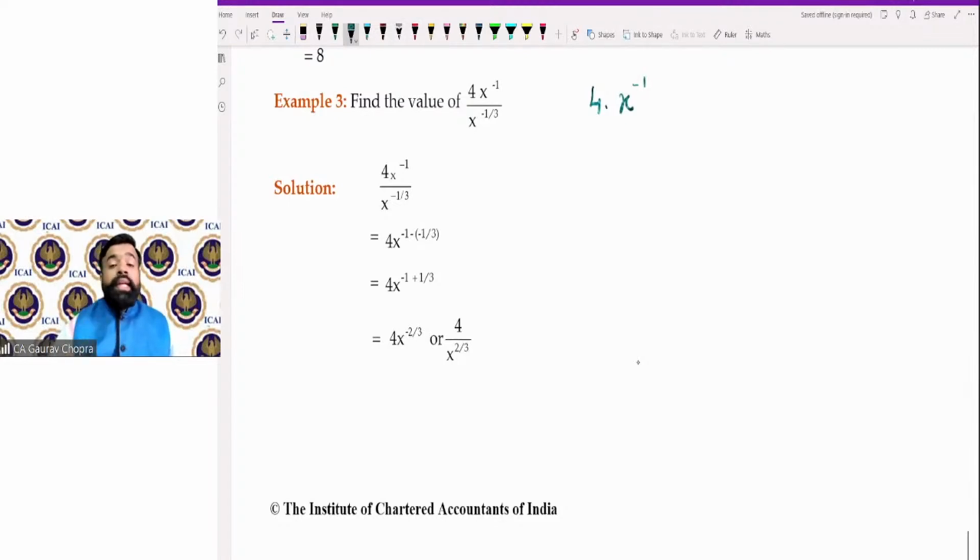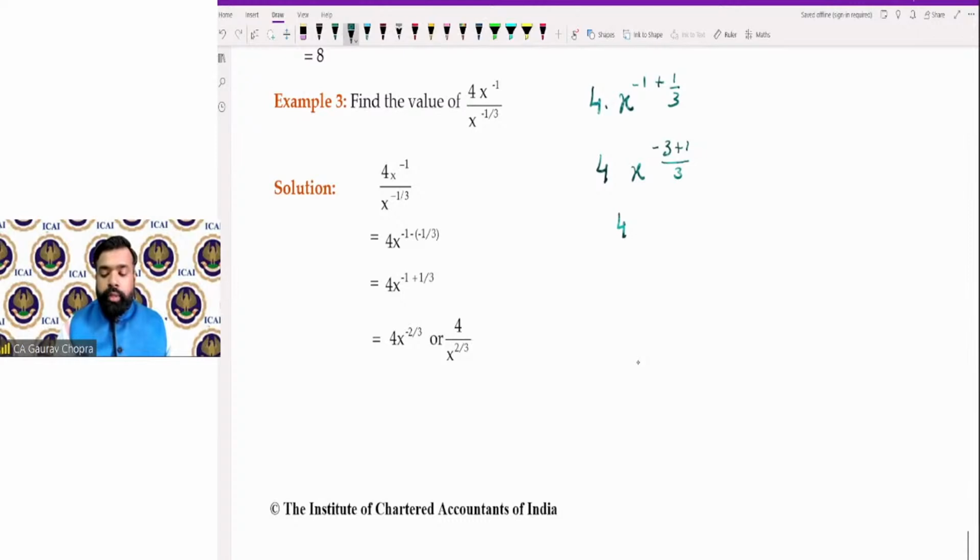Now, the denominator is having power minus 1 by 3. It will come in numerator and sign will get changed. So, plus 1 by 3. Now, you can take the LCM and simplify. So, x to the power of minus 3 plus 1 divided by 3.